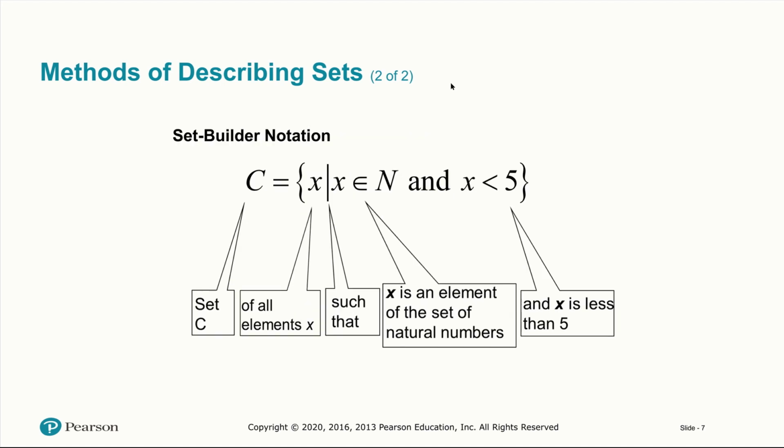The second method for describing sets is called set builder notation. Why? Because you don't actually list the members of the set, but you describe how to obtain the members of the set, in a way that anyone looking at that description will then be able to write the listing method or the roster method notation for the set.